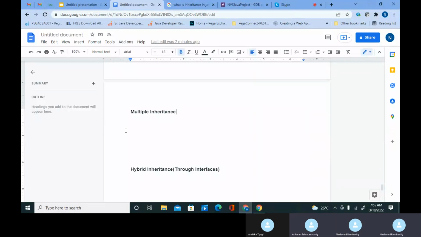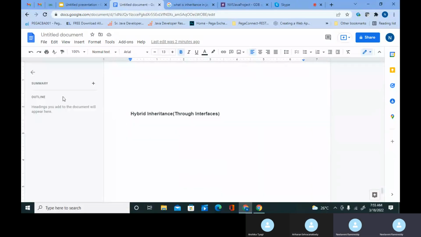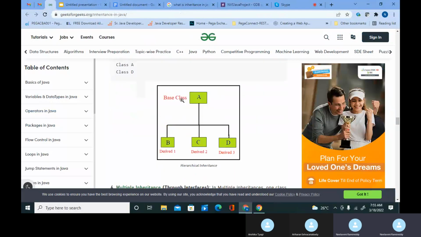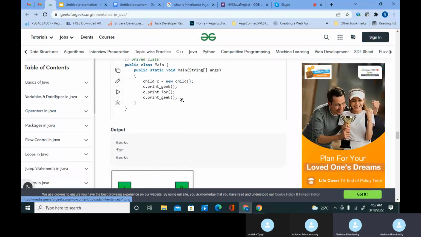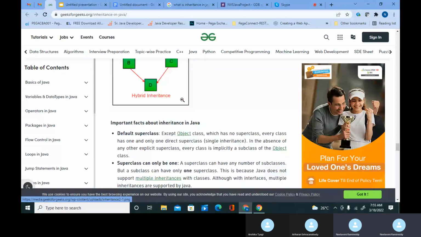In that way you have to explain to them. Finally, hybrid inheritance is similar: we achieve it through interfaces only. We'll see examples of how they gave multiple and hybrid inheritance here.